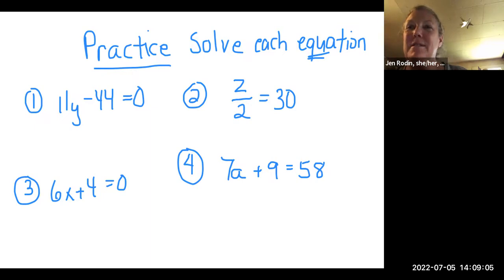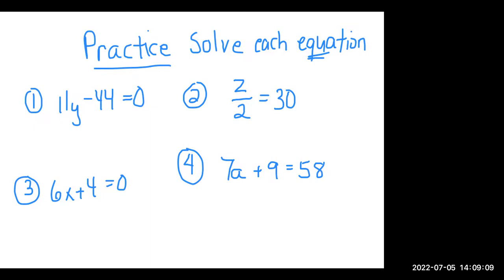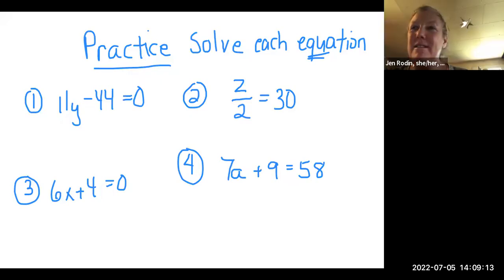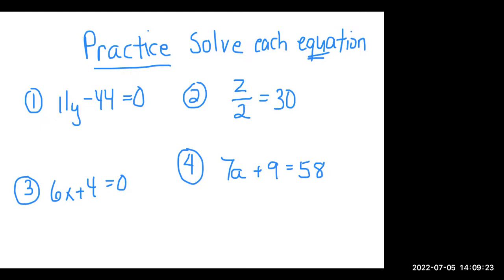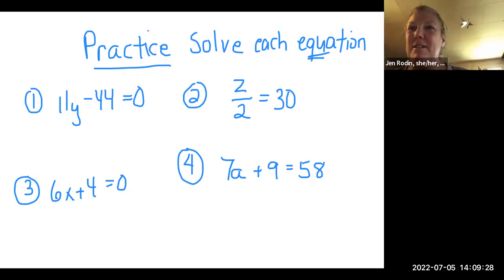Valerie, what's the answer to number 1? It would be 4. Good job. Yep. Let's see. I'll just write down my list. Dawn, what's the answer to number 2? 60. Good. Yes, ma'am. I'm going to write down that you're all doing these. And who's next?